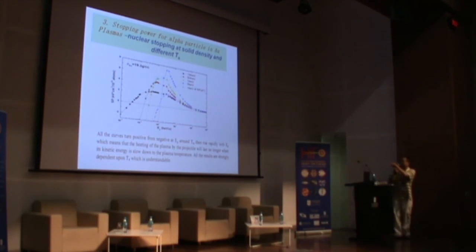For example, for these dense plasmas, I think the velocity distribution of electrons is different from the Maxwellian one. But here in my calculation, I didn't consider that factor, because it's easier. Okay. Thank you.